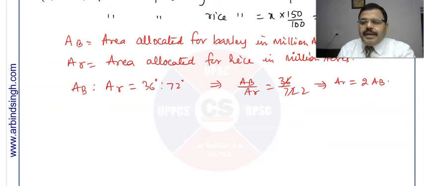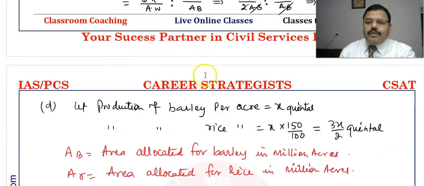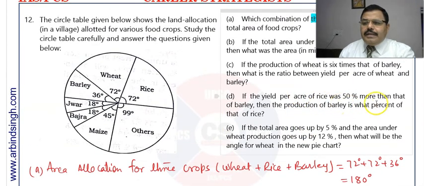Okay. Now this is in million acres and this is per acre. So we have to calculate the total production of rice. Try to understand once again. The question asks: production of barley is what percent of the production of rice.